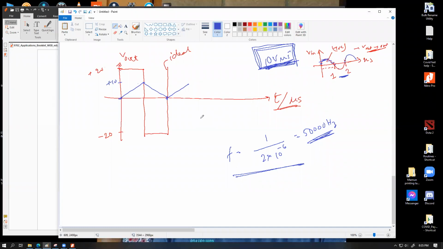Or in other words, you can think of this as sort of like hysteresis inside the op-amp, that it cannot react to that rapid rate of change, because it can only change up to 10 volt per microsecond. So within 1 microsecond, the output can have a maximum variation of 10 volt. That's why.